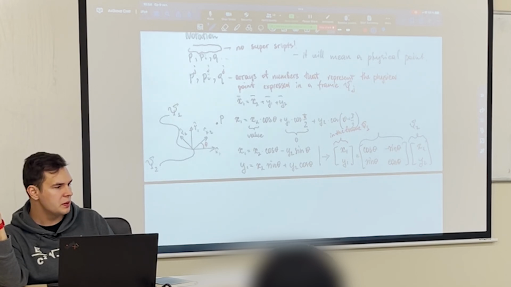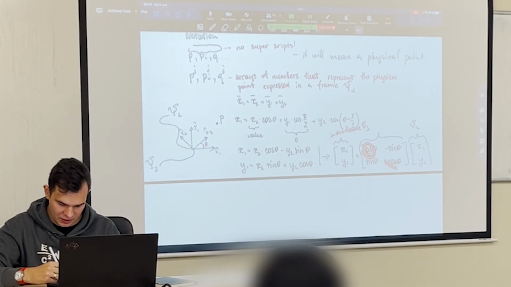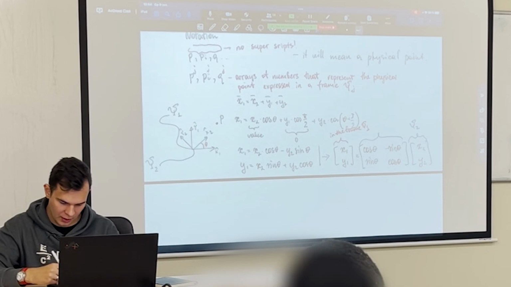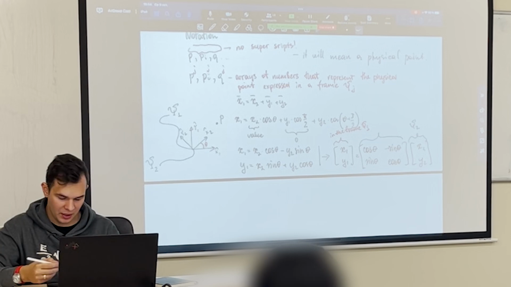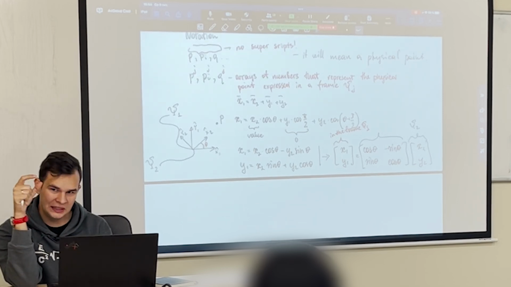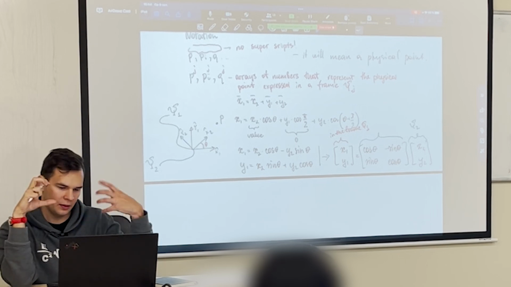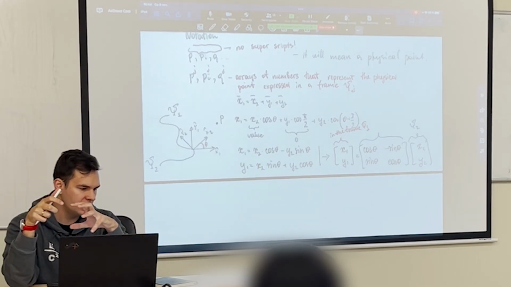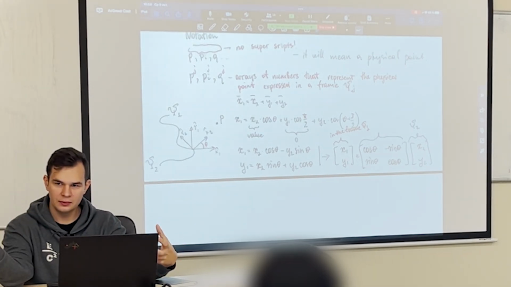And what will be the determinant of it? 1. It will be cosine times cosine, cosine to the power of 2, minus sine times minus sine, sine to the power of 2, so 1. And the determinant shows how this multiplication modifies the vector, how it scales it.